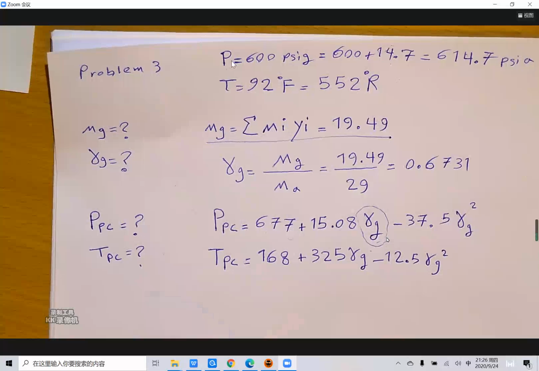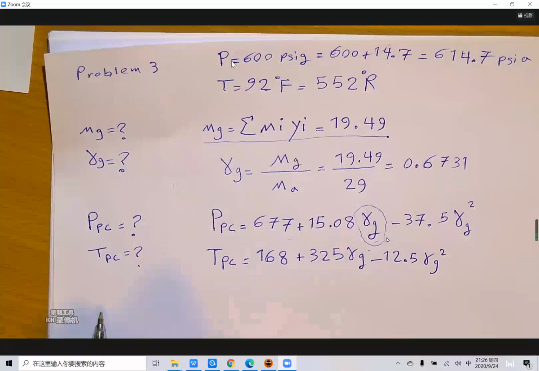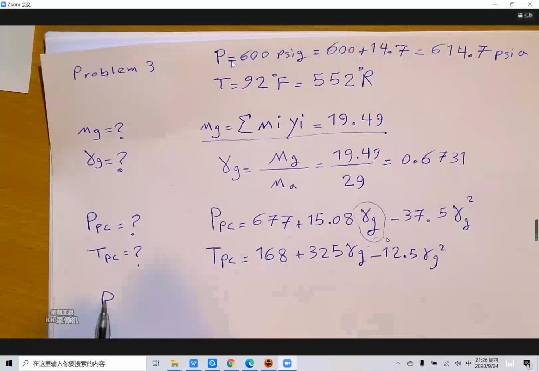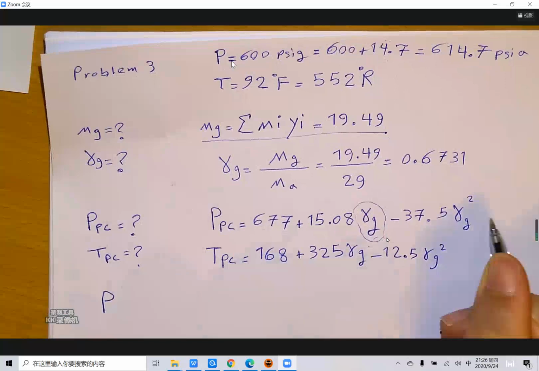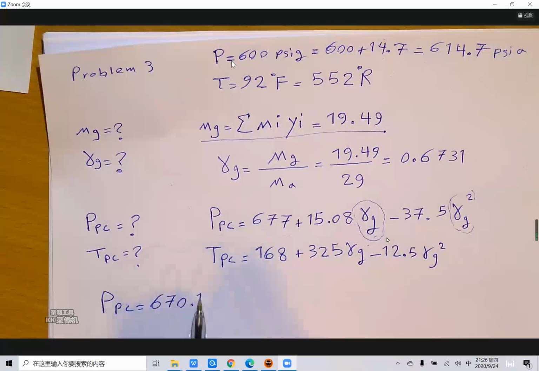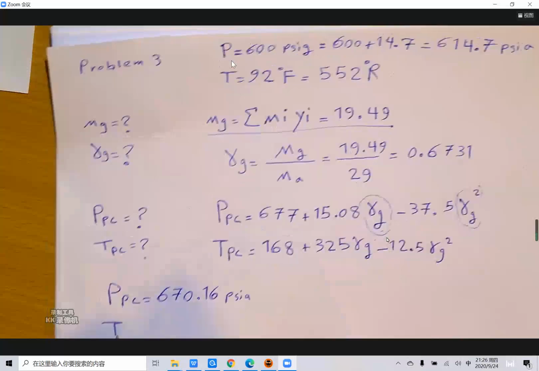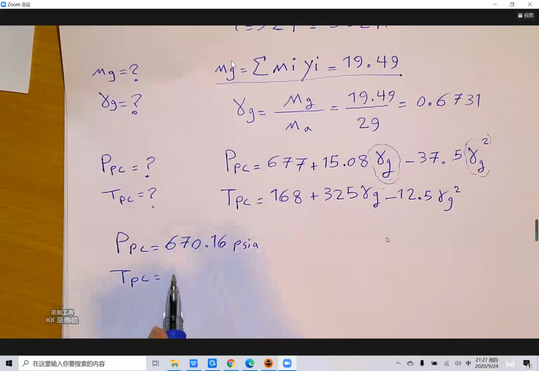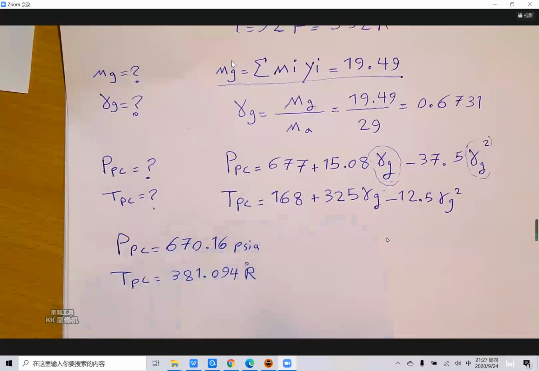So let's calculate it. We have time. We found it above, so let's write it quickly. These are the values.